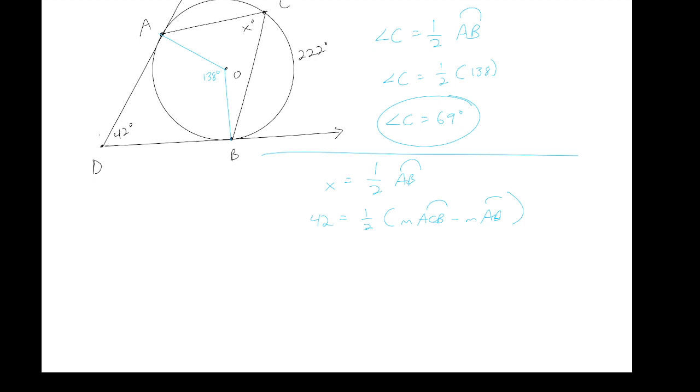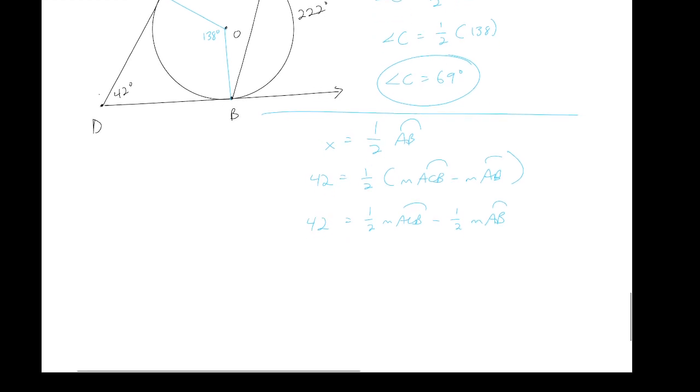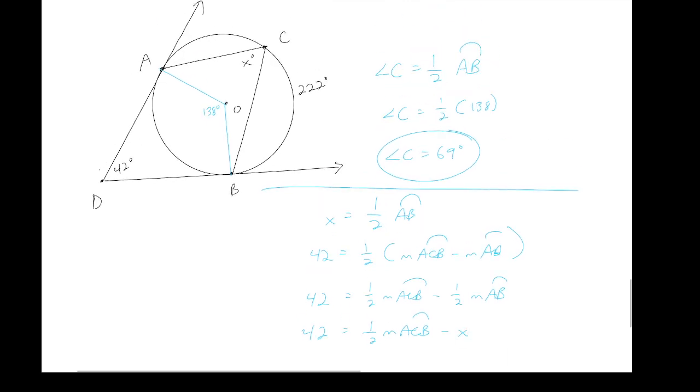If you distribute, 1/2 ACB minus 1/2 AB. But remember what 1/2 AB is, it's just x. So effectively 42 is equal to 1/2 of the measure of ACB minus x.